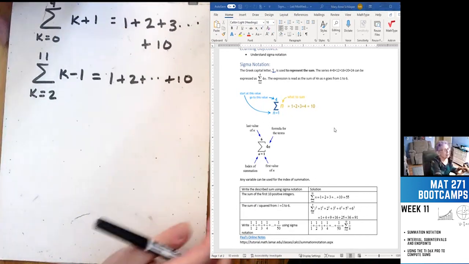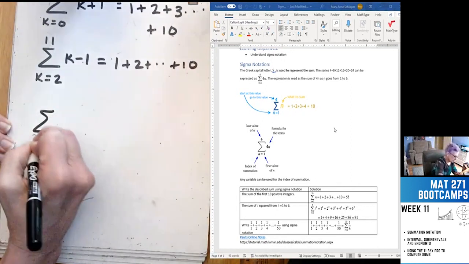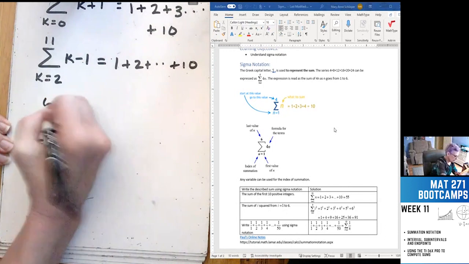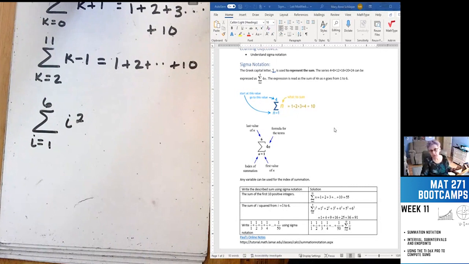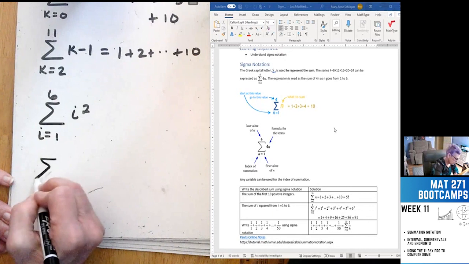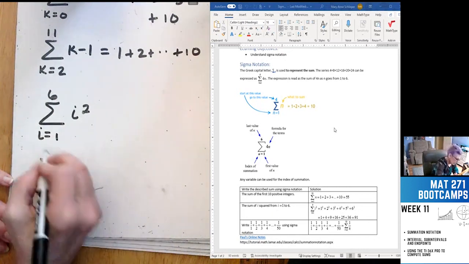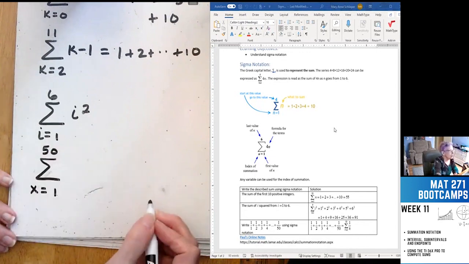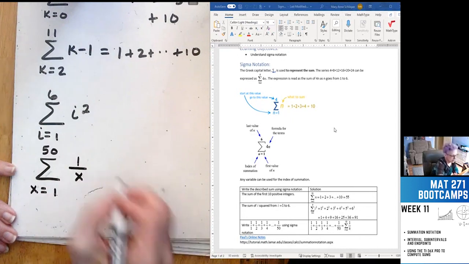If we wanted the sum of i squared from 1 to 6, we go 1 to 6, and we just put i squared for our function. Easy enough. If we wanted the sum of 1 over 1 plus 1 over 2 plus 1 over 3, we could let x start at 1, go all the way up to 50 of 1 over x.